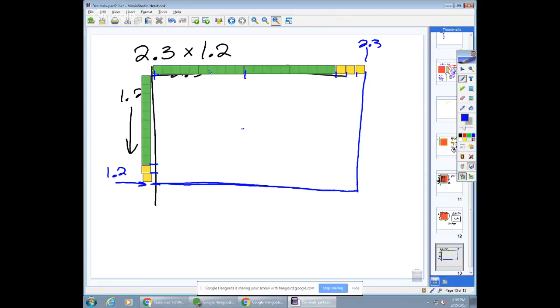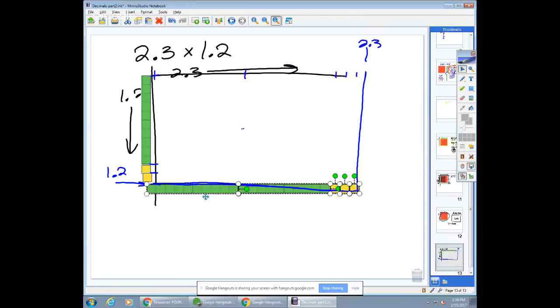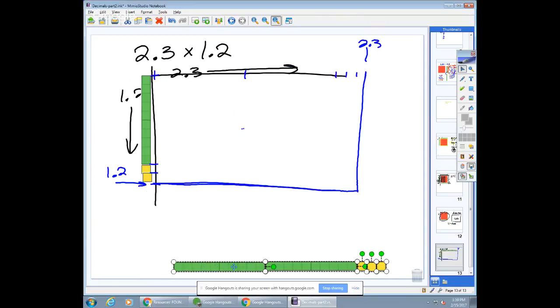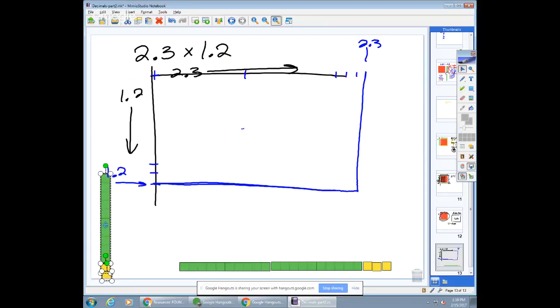Okay, so I'm pulling these guys out of the way. You guys can go down here for a minute, and you guys can go over here for now. So I'm ignoring those guys.